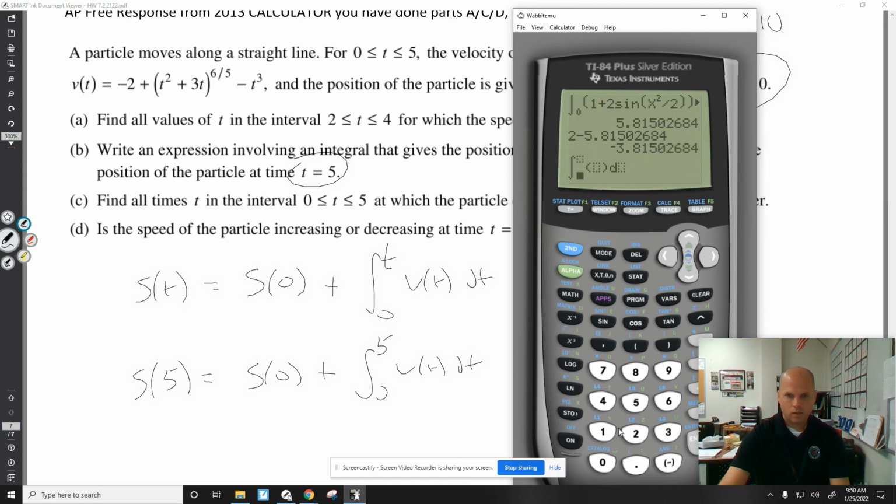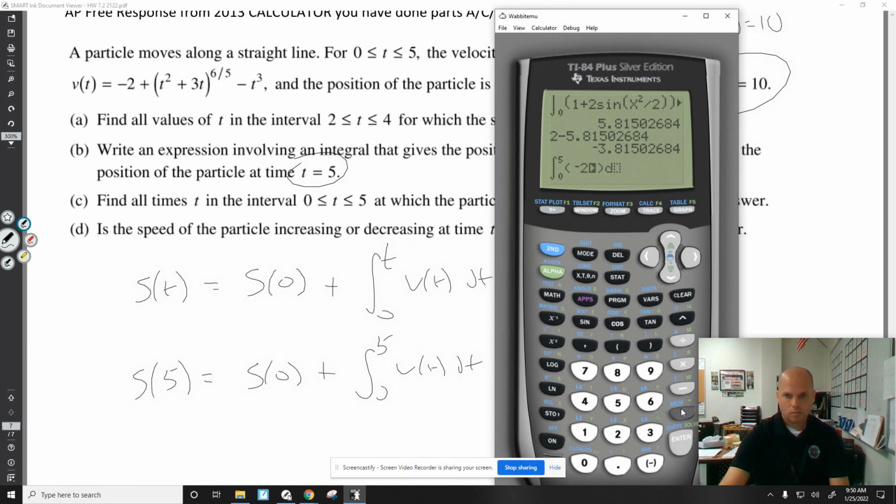I got 0 to 5 of v, negative 2 plus t squared plus 3t to the 6/5 minus t cubed dt. That's my displacement.